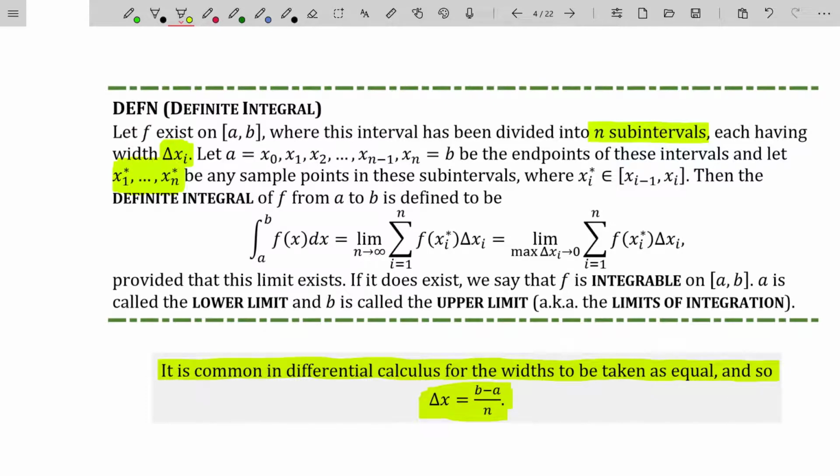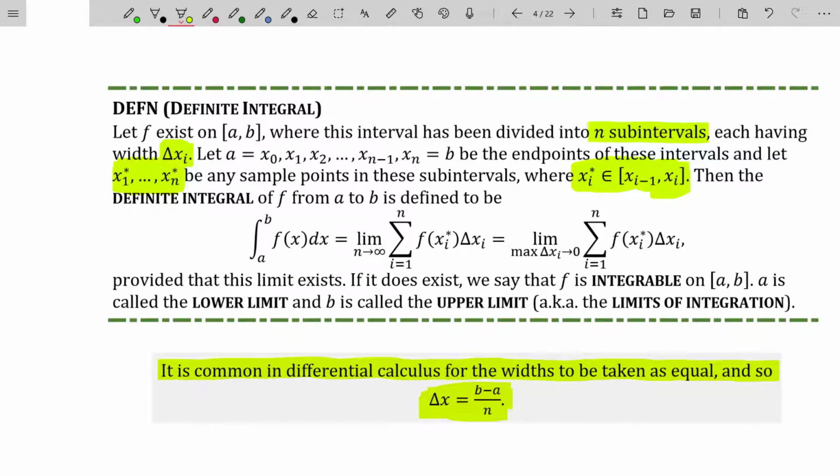And that's what I was saying earlier with x sub 1 star. It didn't have to be a right endpoint. It didn't have to be a left endpoint. It doesn't have to be a midpoint. It just has to be a point in the relevant interval. So x sub 2 star should exist between x sub 1 and x sub 2, and it can actually be x sub 1 or x sub 2.